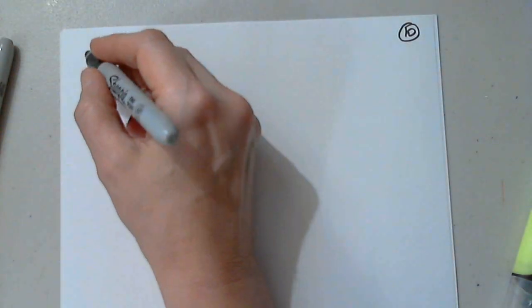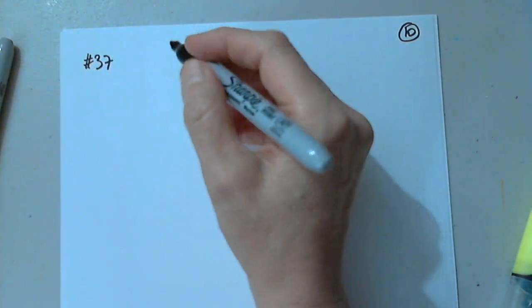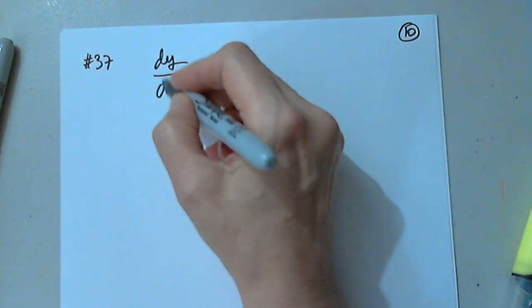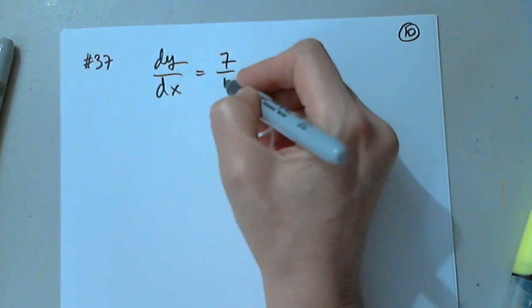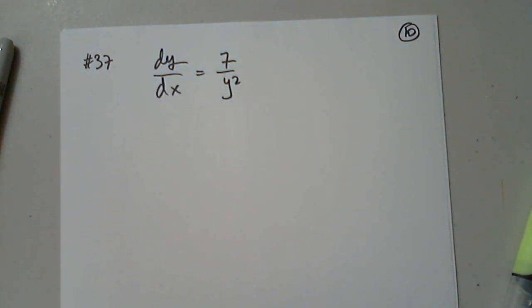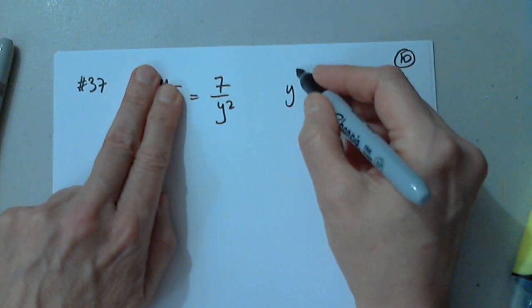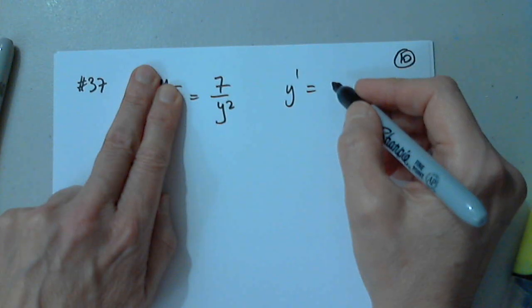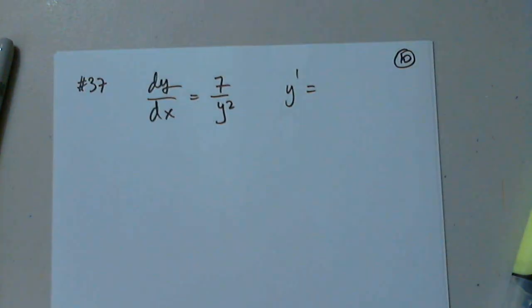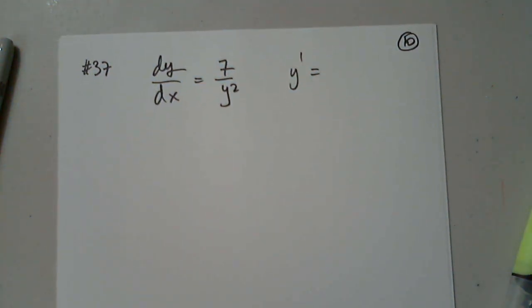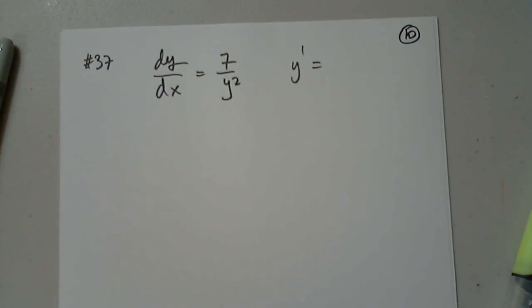Let's look at 37. If we did 37, stop me, please. So dy over dx equals 7 over y squared. Now, what if I'm given this? Yes, we did that question. We did? Yes. Okay, so let's do 33.